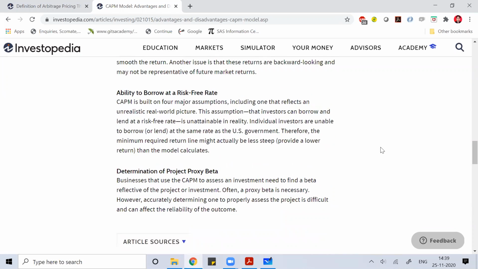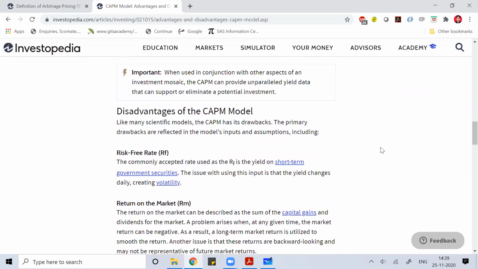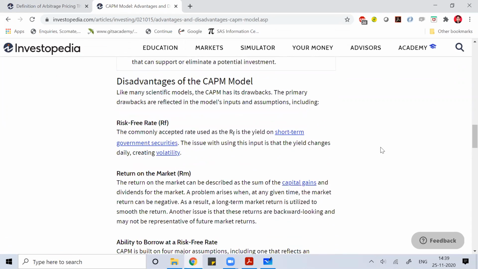But again, the CAPM model has its own disadvantages, like understanding the calculation of RF, determining the value of RF, and then the return on the market, considering that all the risk is put into a single factor, and considering that the Nifty is the best benchmark which can represent a market.